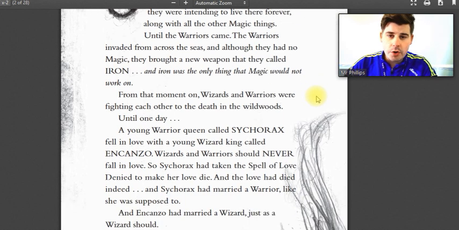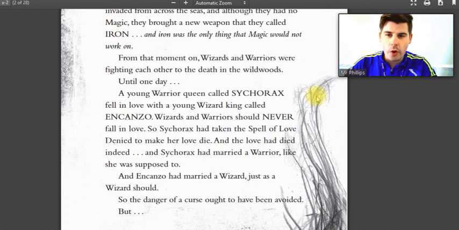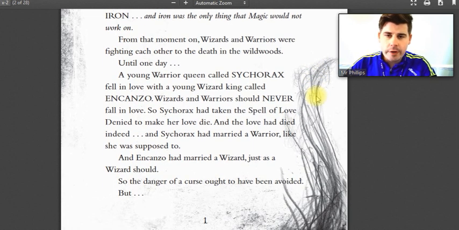From that moment on, wizards and warriors were fighting each other to the death in the wild woods. Until one day, a young warrior queen called Sinchorax fell in love with a young wizard, a king called Encanzo. Wizards and warriors should never fall in love.